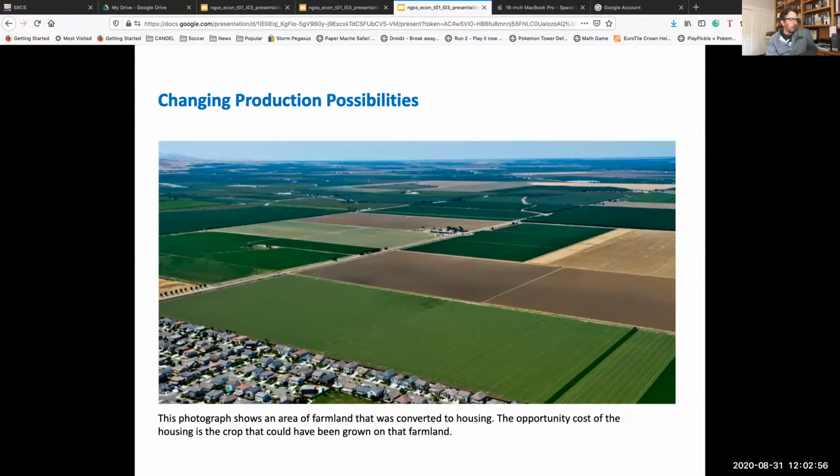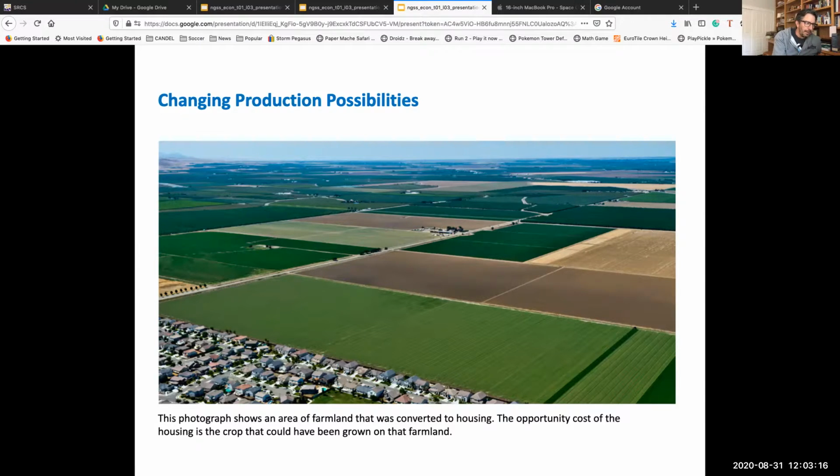All right, so this is a picture of farmland, but then you see this urban development, this housing development in the bottom of the picture. The opportunity cost of housing is the crop that could have been grown on this farmland, right?